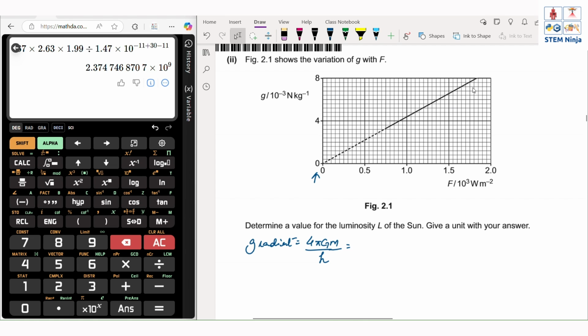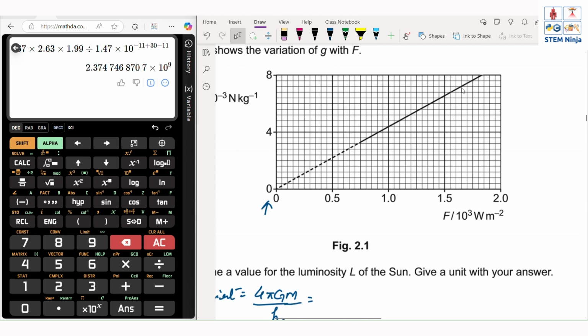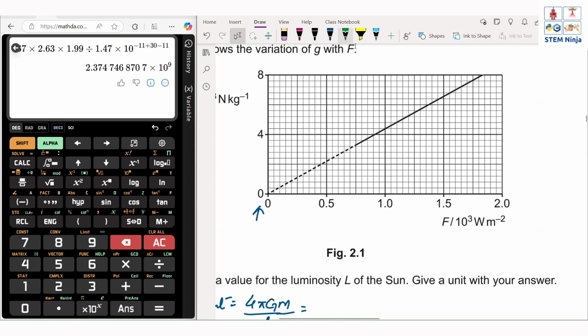Let's zoom in. I think this value would be appropriate. So 1.6, 1.7, so this is 1.65. And 4 is divided by 10, so each box is represented by 0.4.